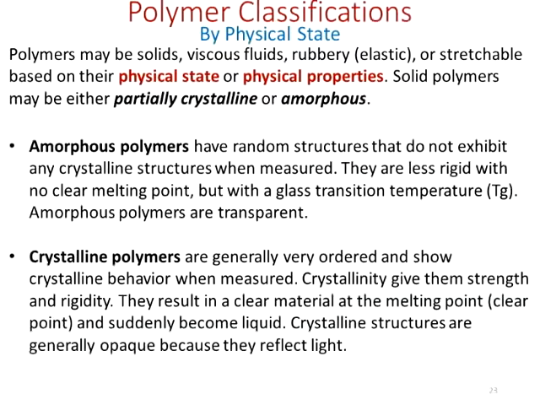Polymers may be solids, viscous fluids, rubbery or elastic, or stretchable based upon their physical state and physical properties. In other words, depending on the physical state or the physical properties of the polymer, you will get either a solid, a viscous fluid, or a rubbery, elastic, or stretchable material.